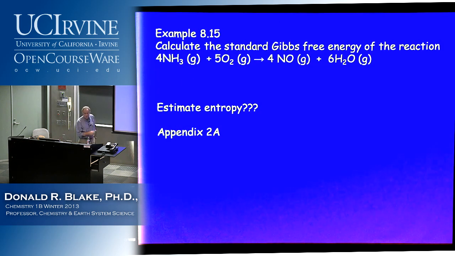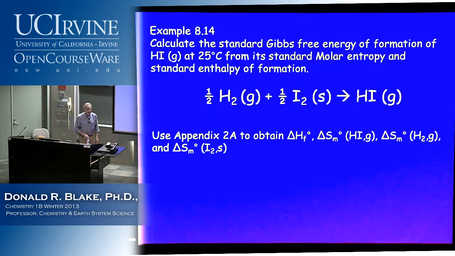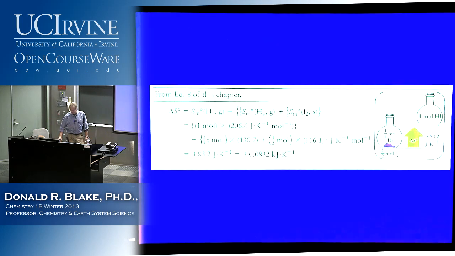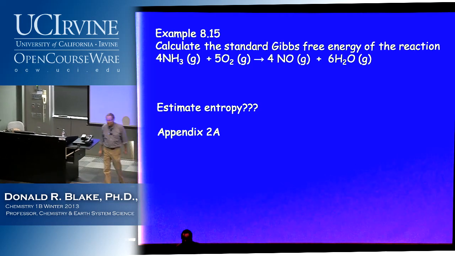example 8.15. Now, on this one, folks, we had to figure out what the delta H's and the delta S's were. But in that Table 2A, they also give delta G's. It's kind of cheating, but they give delta G's.